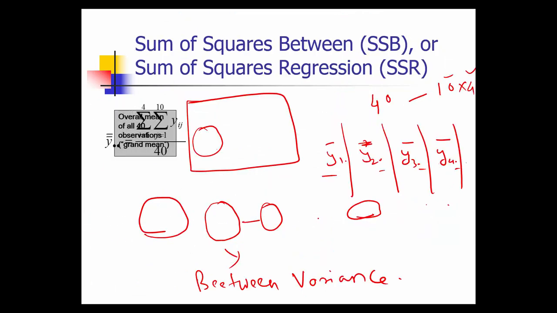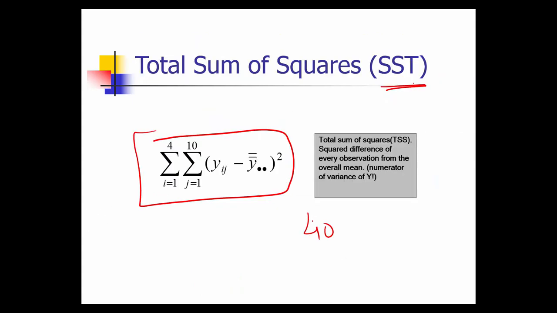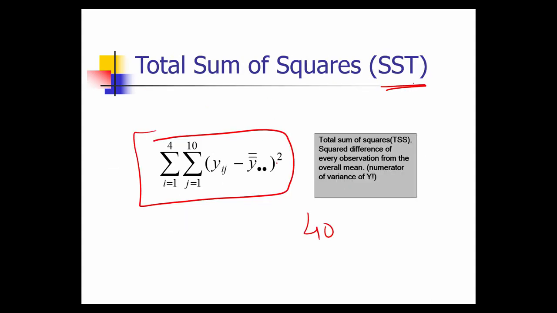Once these three variations are calculated, we can put them in a very simple formula. We call that partitioning of variance. SSW and SSB, when you add them up, you will get TSS. TSS is just the variation or the variance of the entire 40 observations.